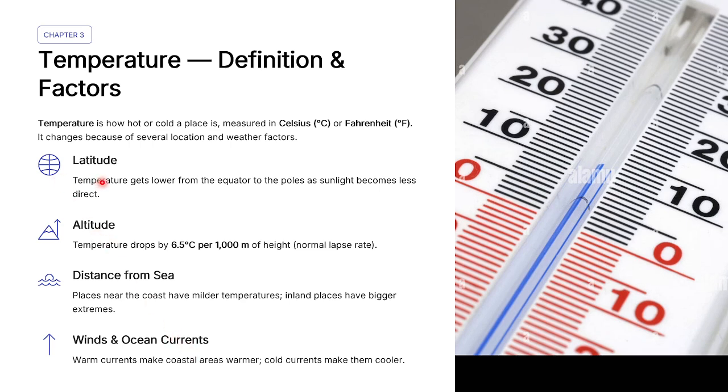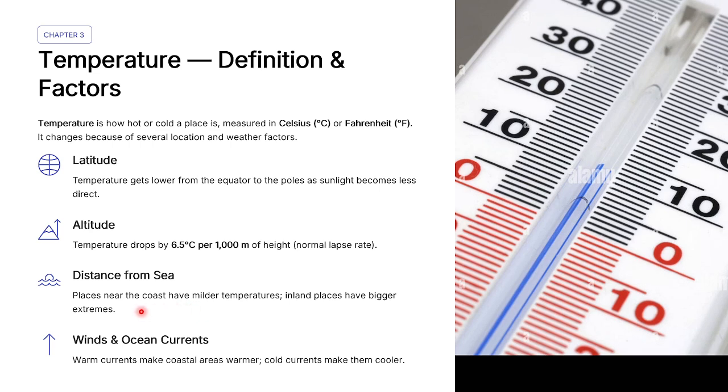Latitude: temperatures get lower from the equator to the poles as the sunlight becomes less direct. Altitude: temperature drops 6.5 degrees Celsius per 1,000 meters of height, the normal lapse rate.